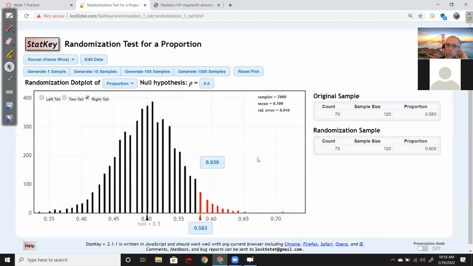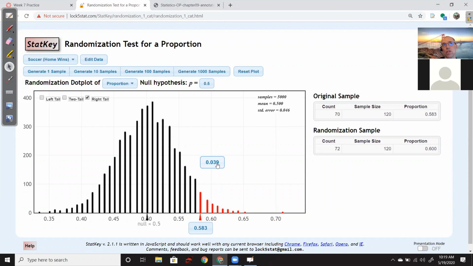So what this says right here: assuming that the home team doesn't have an advantage, that they have a 50% chance of winning, finding a sample of 58.3% of wins, there is about a 4% chance of that happening.